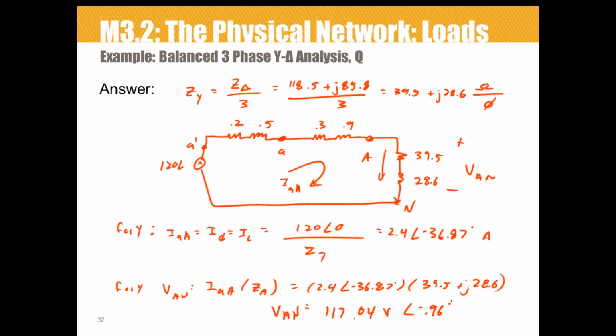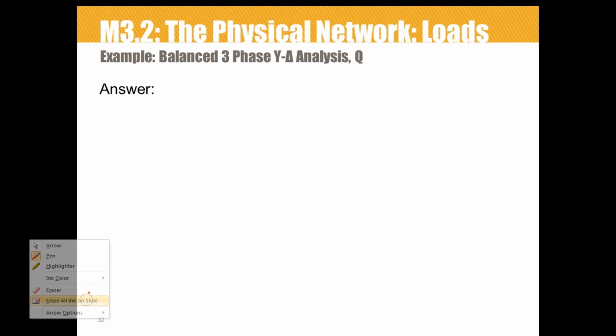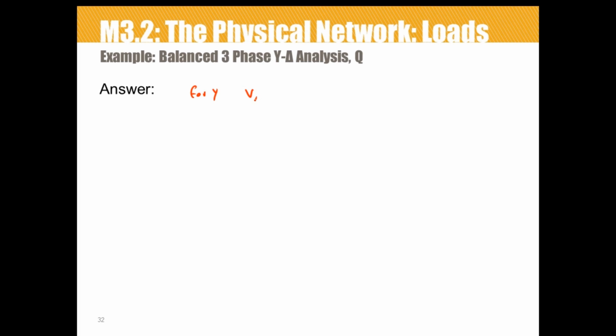So per our previous analysis, what we have to do is convert this over to the line voltage, right? This is V phase. So we need to convert that over to a line voltage. For a Y equivalent, the line voltage is equal to radical 3 angle 30 times V phase.